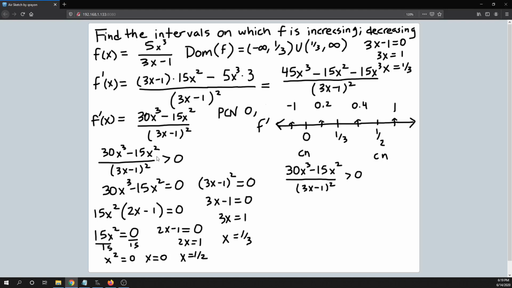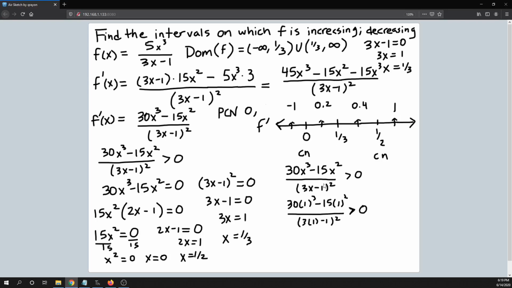All right, so I'm going to start off with the 1. So when I plug the 1 in there, I get 30 times 1 cubed minus 15 times 1 squared, and then 3 times 1 minus 1 quantity squared. I want to see if that's greater than 0.